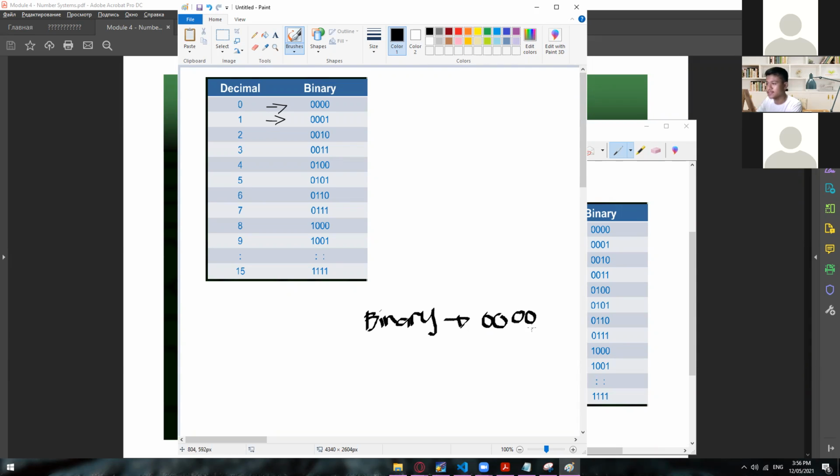This lowest bit right here represents 1, the second lowest is 2, the third lowest is 4, and the highest bit is 8. So from lowest to highest.